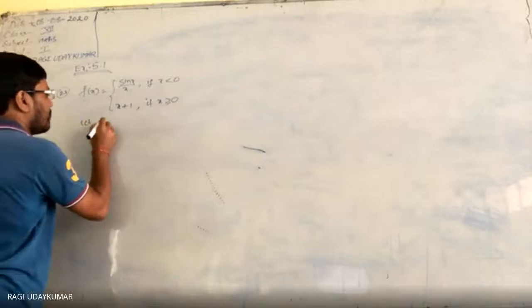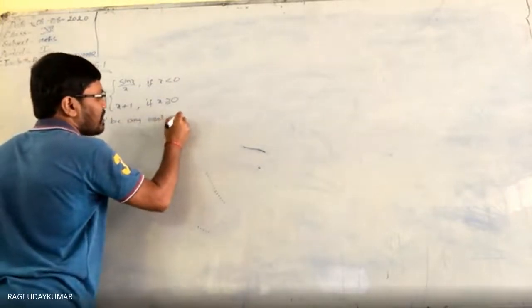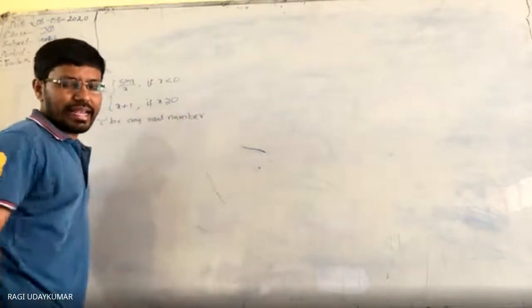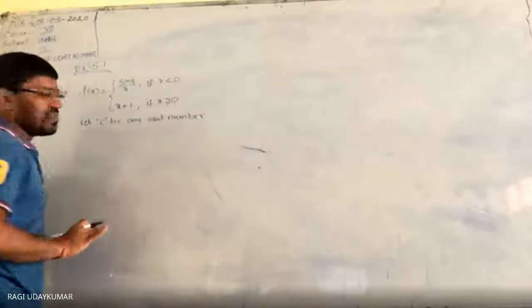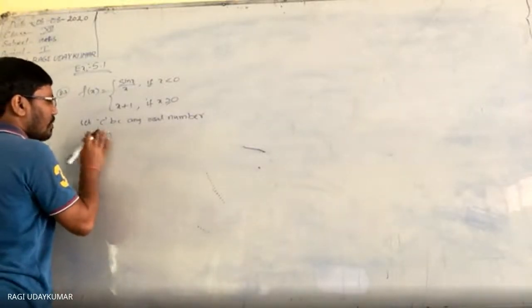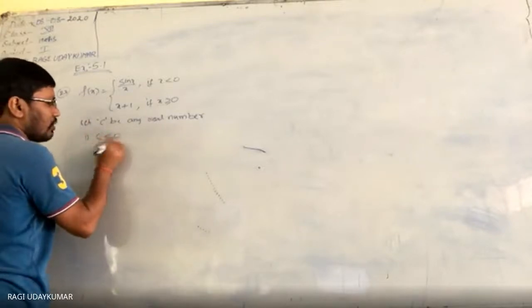So with the domain being the real numbers, just like the previous problems, you can do this. Let c be any real number. Then what can you write here? f of c, three cases will exist. The first case, c may be less than 0.